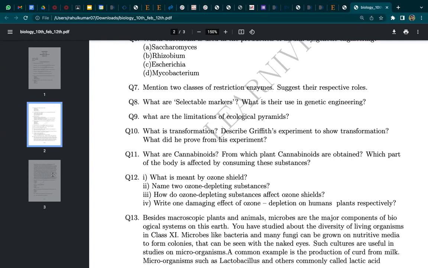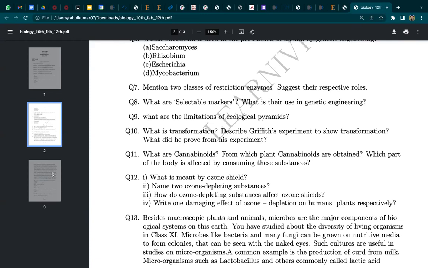What Griffith showed was the same thing. These kinds of questions are to test your concepts throughout biology. What Griffith showed was that there were two strains of Streptococcus pneumoniae, S strain and R strain. R strain, the rough strain, was not lethal. S strain, or the smooth strain, was lethal, correct?